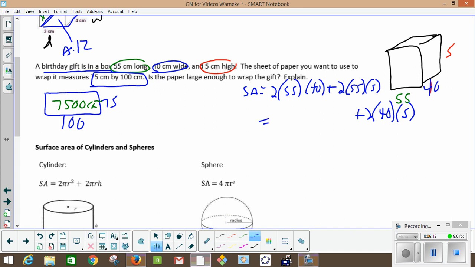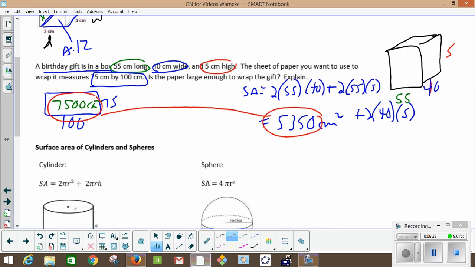That calculation would give us 5,350 centimeters squared. So the question says, is this enough paper to wrap this much area? And the answer is yes.